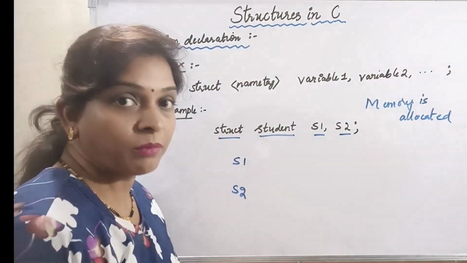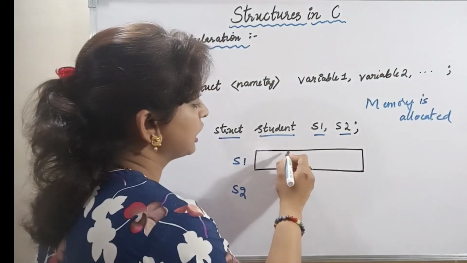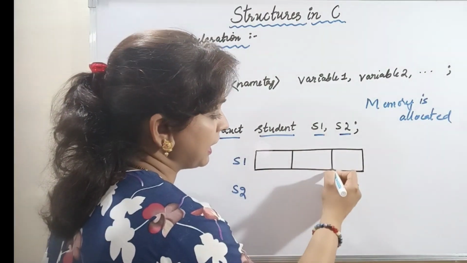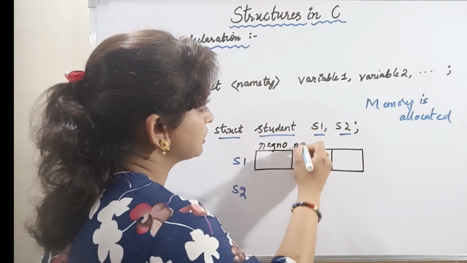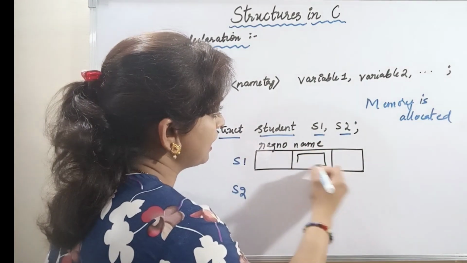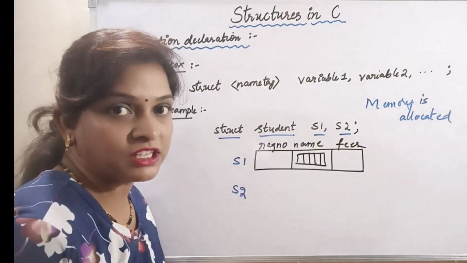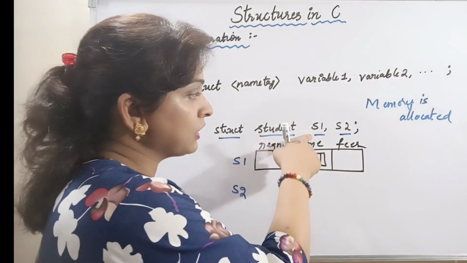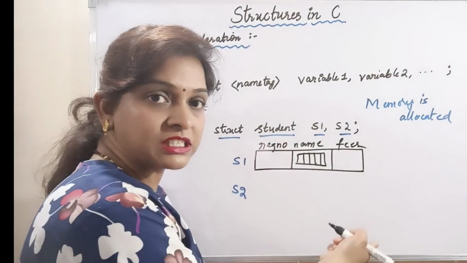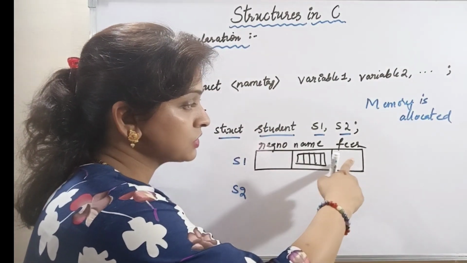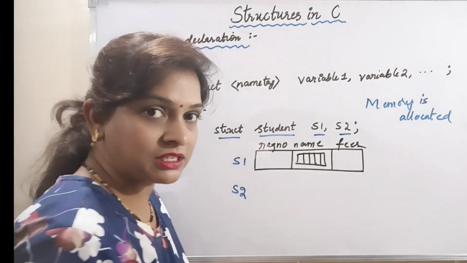For S1 I get the memory for the 3 members, which are register number, name which is an array, and then fees. So when I say S1, I am dealing with one student, student 1: register number, name and fees. Multiple values of multiple types. With respect to one student, it's done.